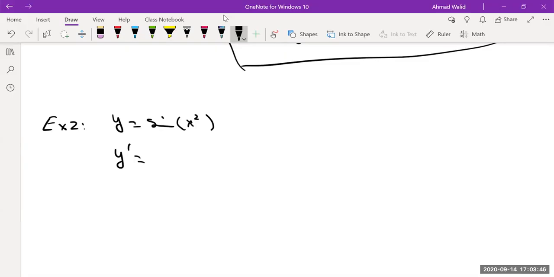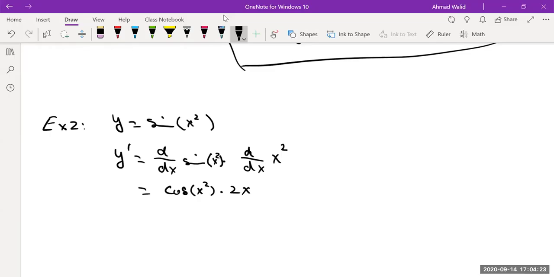Or if I write the notation for you, d over dx of sine times d over dx of the inside, x squared. d dx of sine gives you cosine of x squared times d dx of x squared, which is 2x. Here you go. That's your answer.